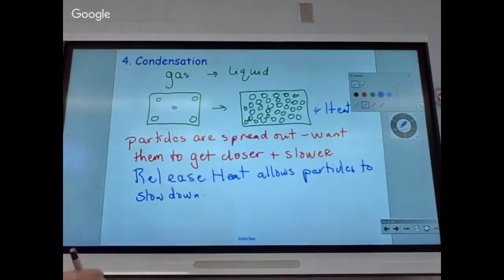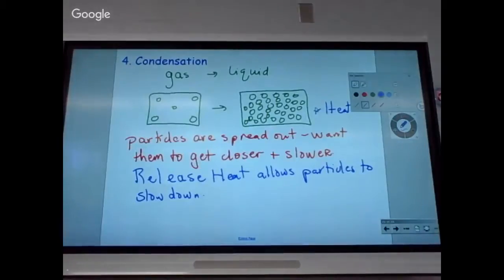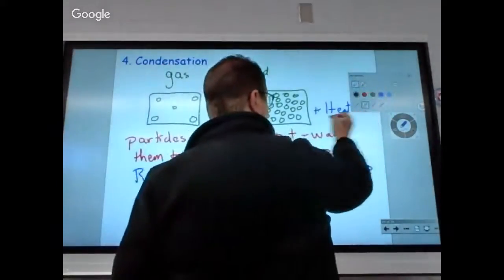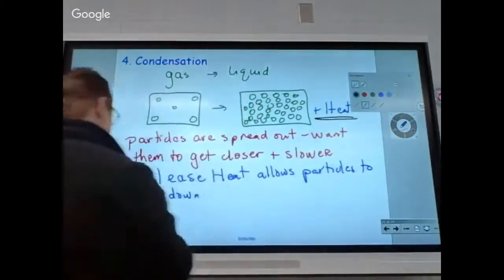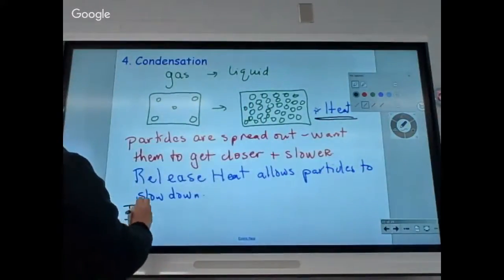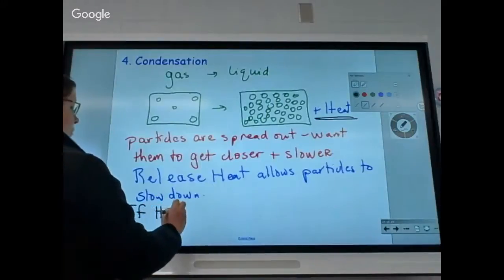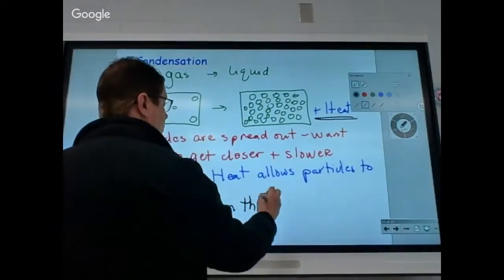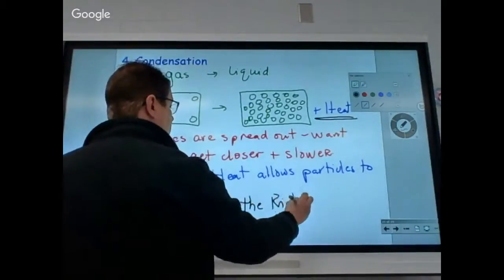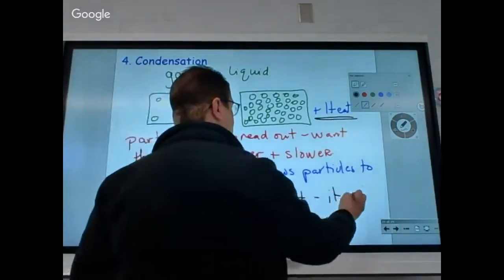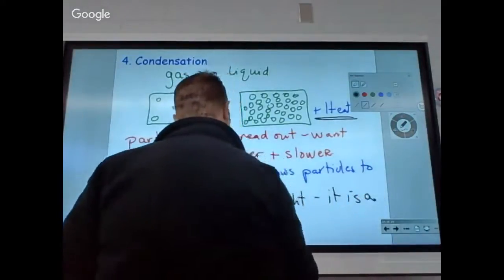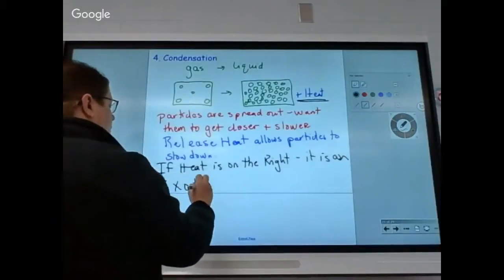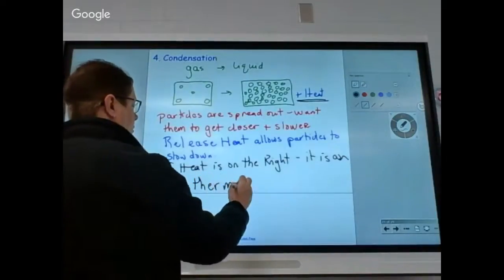Okay, releasing the heat allows the particles to slow down. Now, notice where the heat's at. If heat is on the right, it is an exothermic reaction.